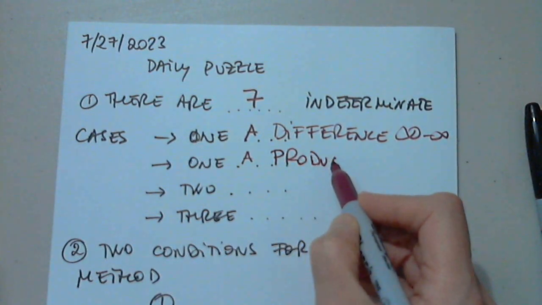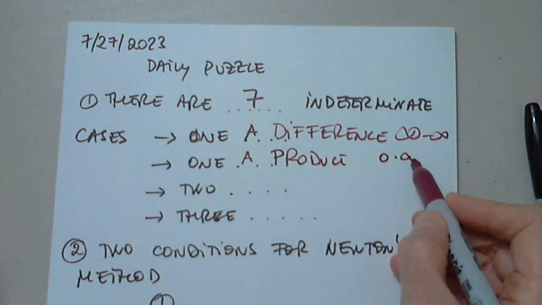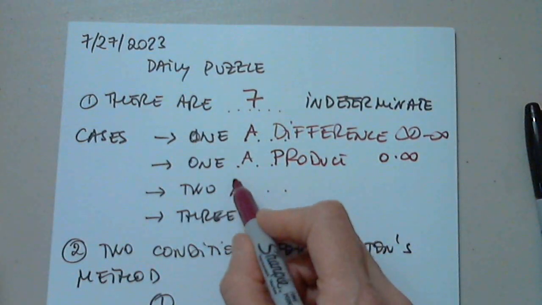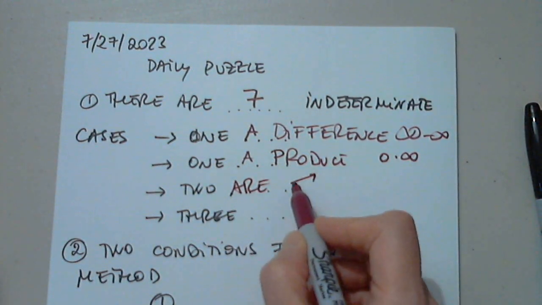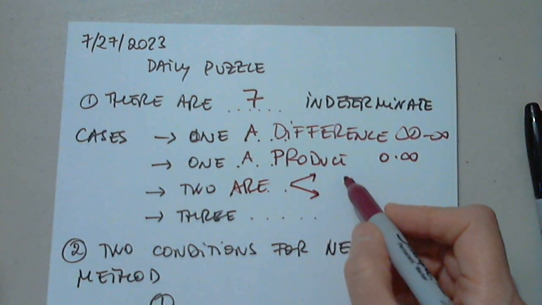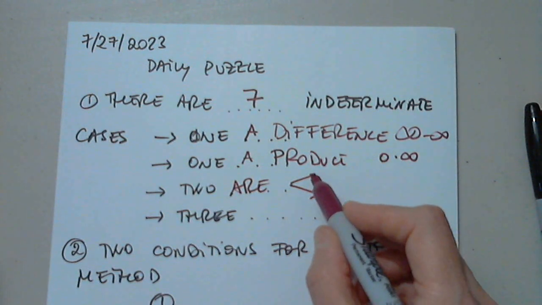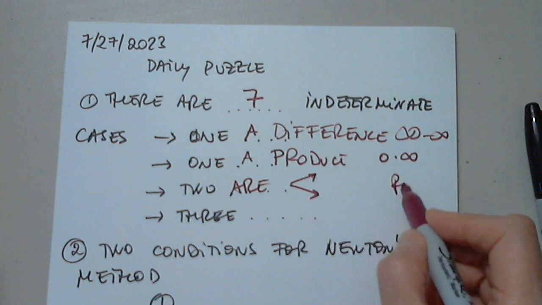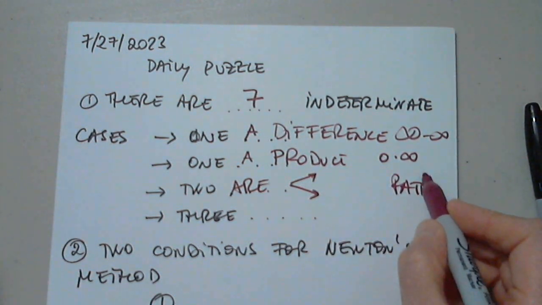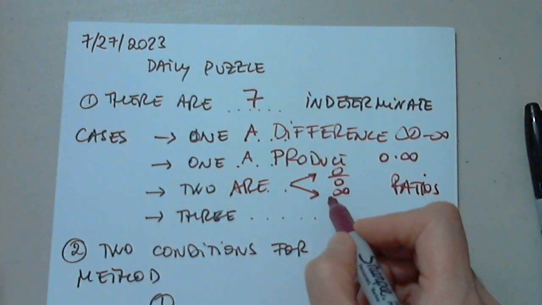Yes, 0 times infinity. Perfect. Two of them are quotients, yes, ratios: 0 over 0, infinity over infinity.